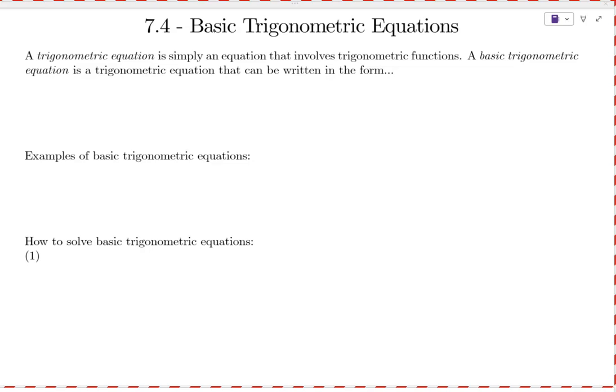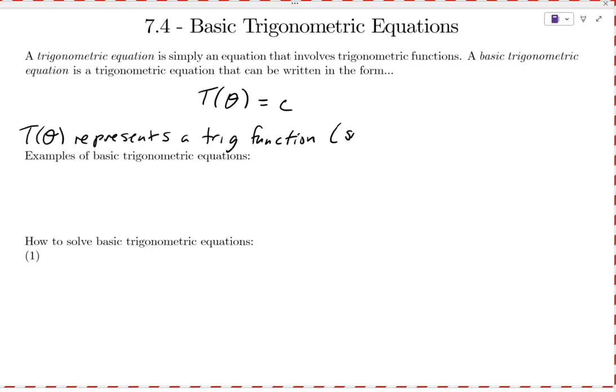So in this particular section, we're going to solve what are referred to as basic trigonometric equations. And these basic trigonometric equations look like what we've already solved before. They can be written in the form of some function T of theta equals a constant C. So this T of theta represents a trig function, a single trig function.